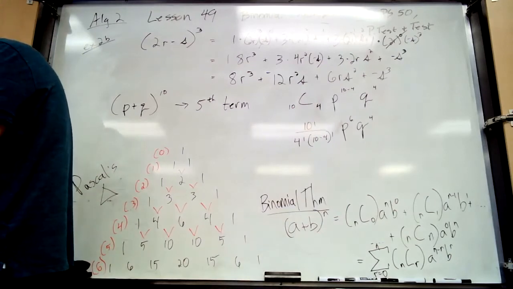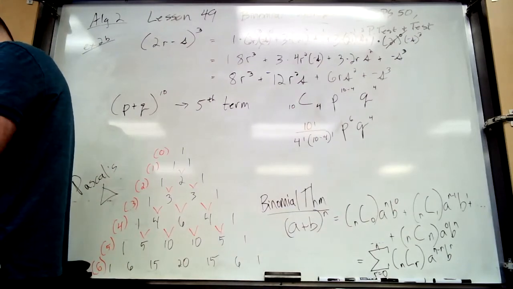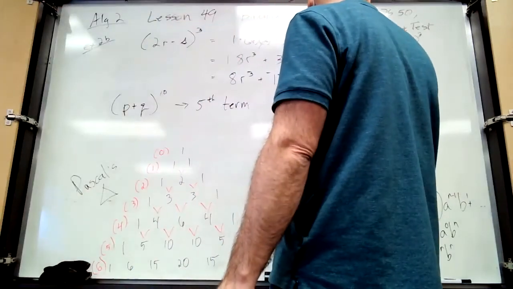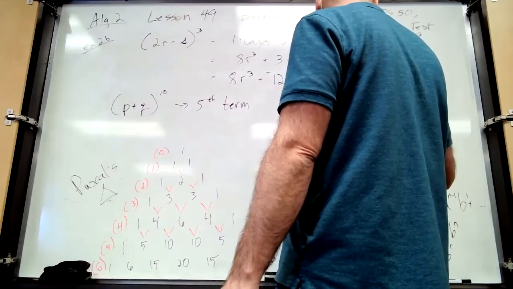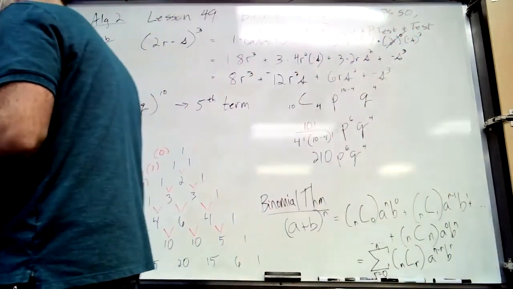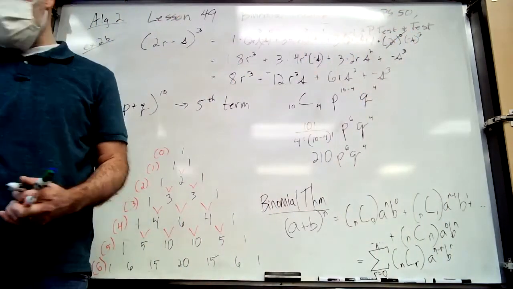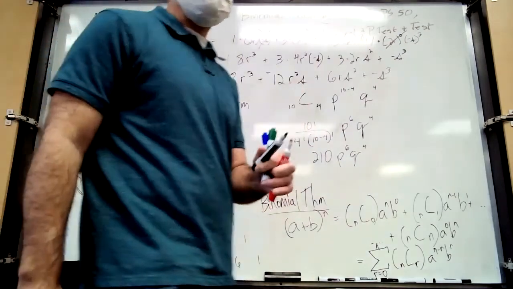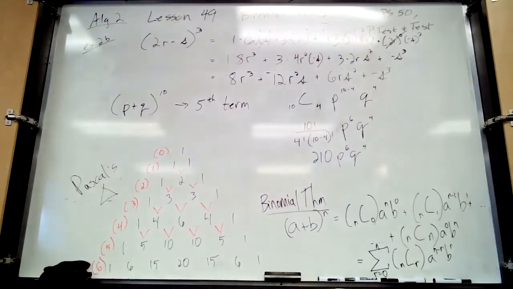Okay, so if I do that, 10 factorial over 6 factorial times 4 factorial ends up being 210, p to the 6th, q to the 4th. Okay, you don't really have to do it that way. You don't have to use a combination. You could use Pascal's triangle.